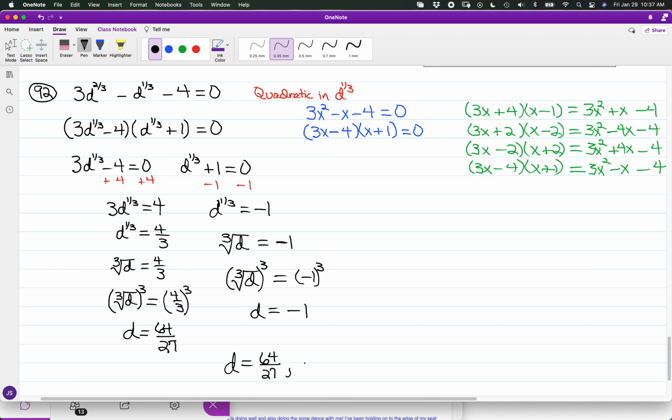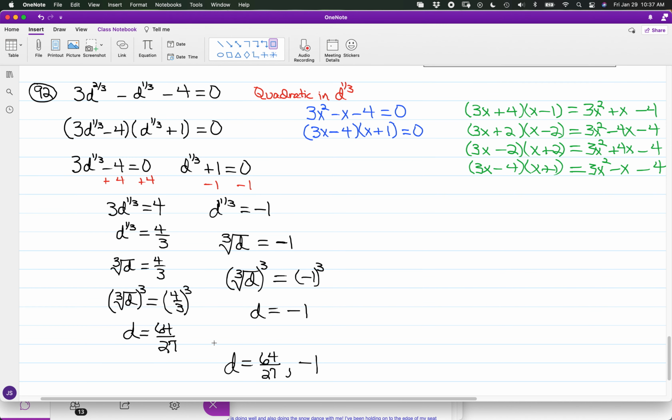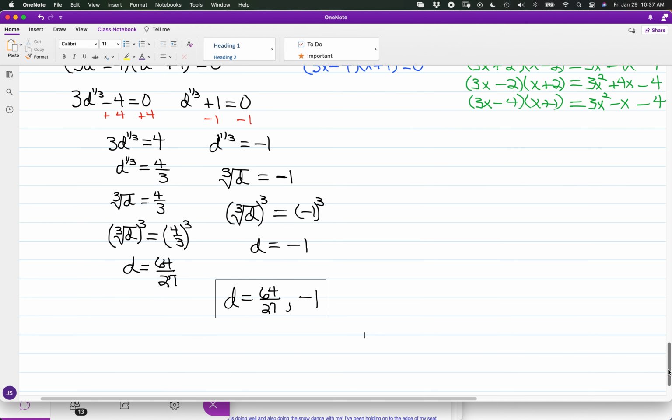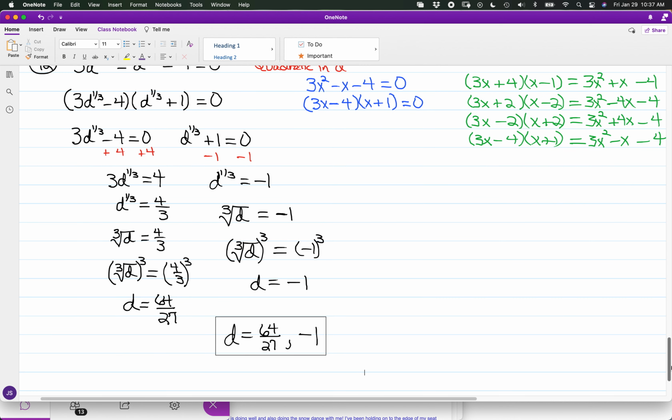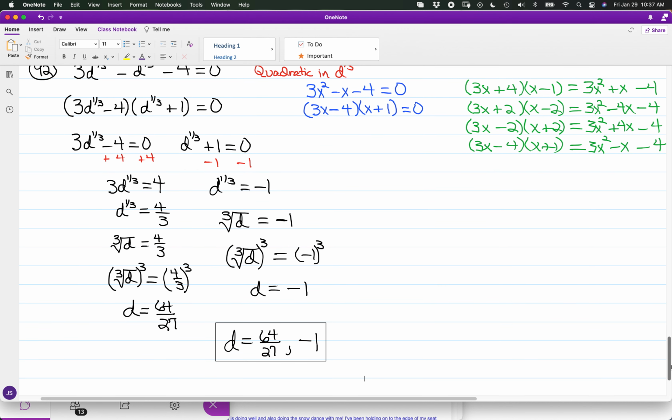One we have at 64/27, and the other we have at -1. All right, and so you have two solutions, and both of these happen to be real values.